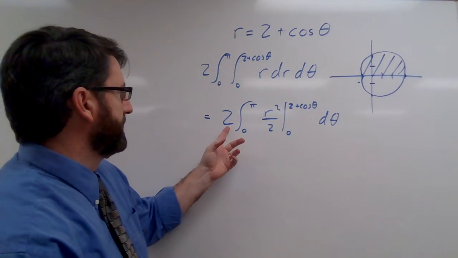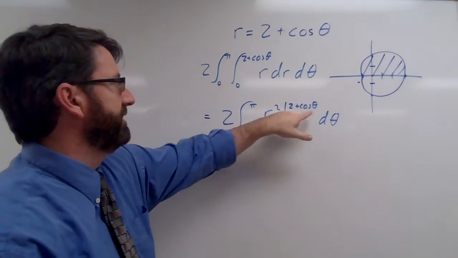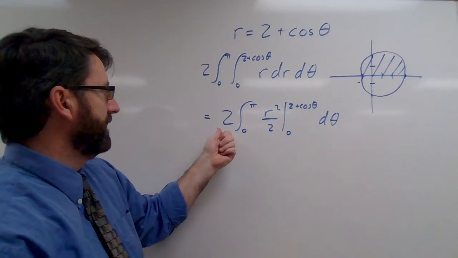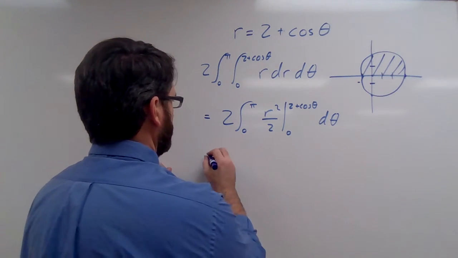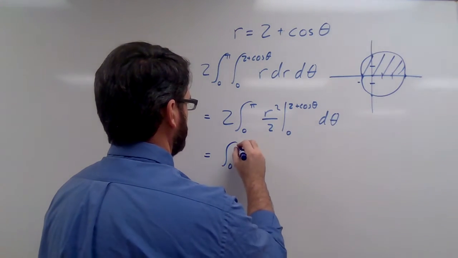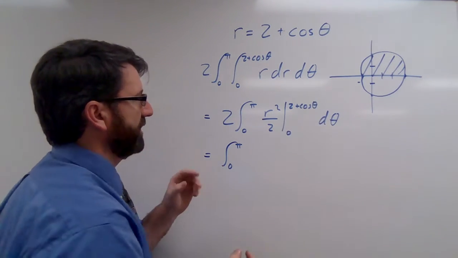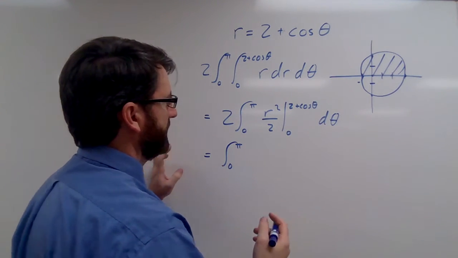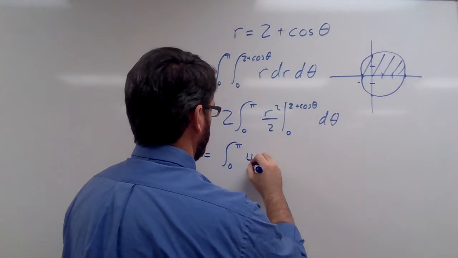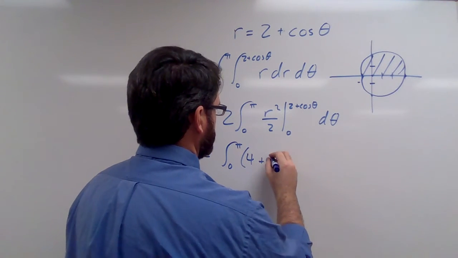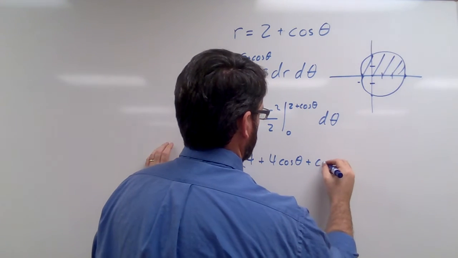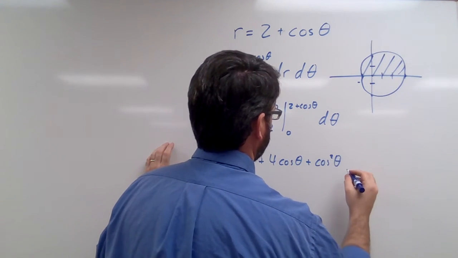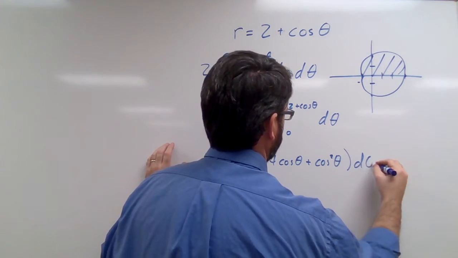So this is going to be this squared divided by 2, but then we're multiplying by this 2. So this is going to be equal to the integral from 0 to pi of (2 plus cosine theta) squared. So that's going to be 4 plus 4 cosine theta plus cosine squared theta d theta.